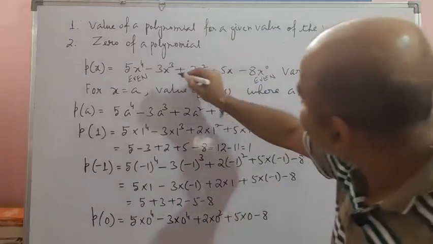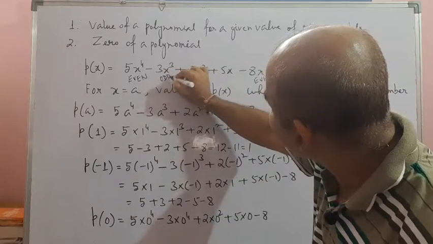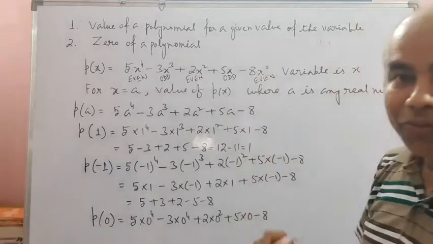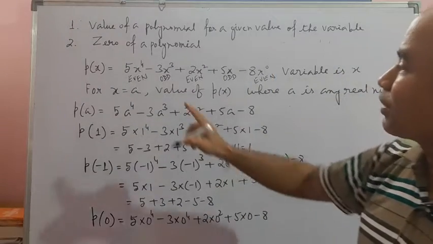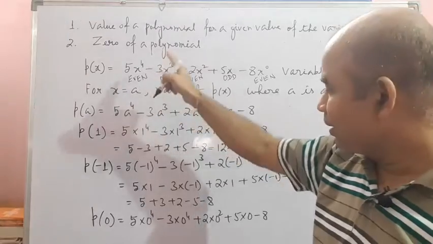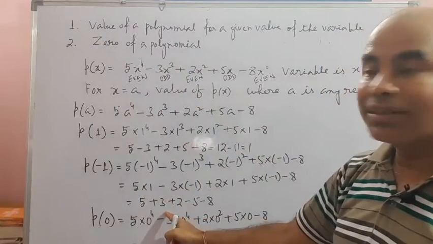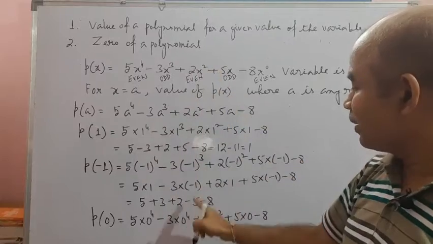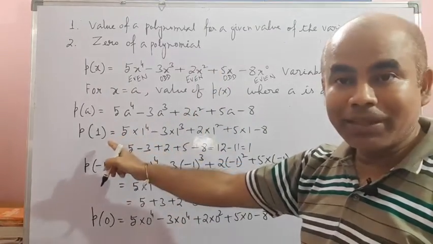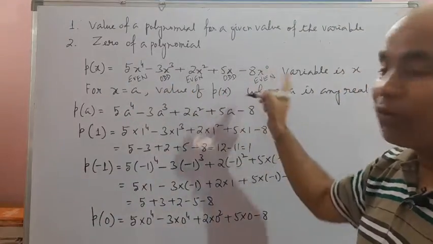And when the power of x is odd, like here x cube, here x to the power 1 actually, in that case what you have to do, you need to change the sign of the coefficient. If it is minus 3, you write now plus 3. If it is plus 5, you write minus 5. That means in place of the variable, if you put 1, directly write down the coefficient.